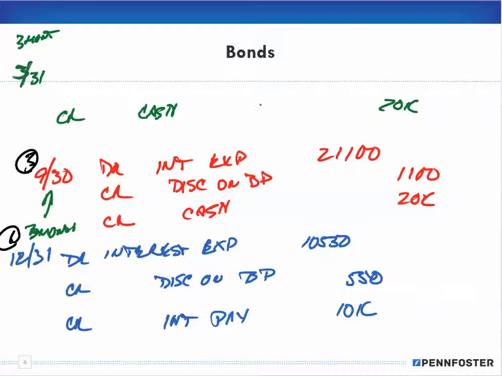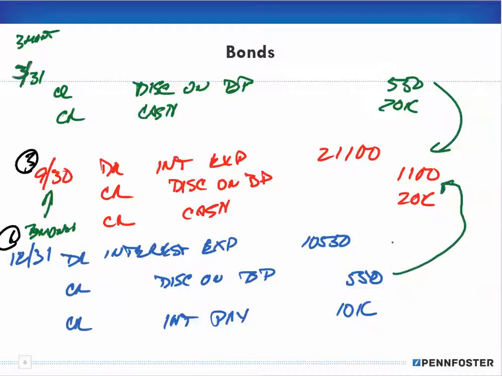We also have to book our discount on the bonds payable. So that's a credit to the discount on bonds payable, BP, of the 550. Remember, that's the half of this, which is the same half of this.